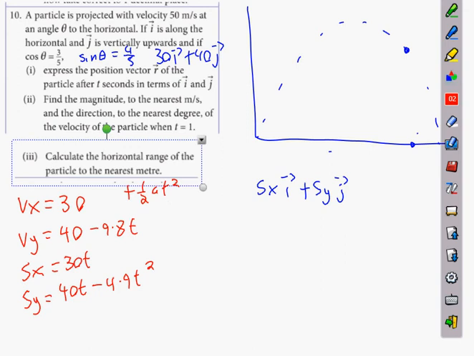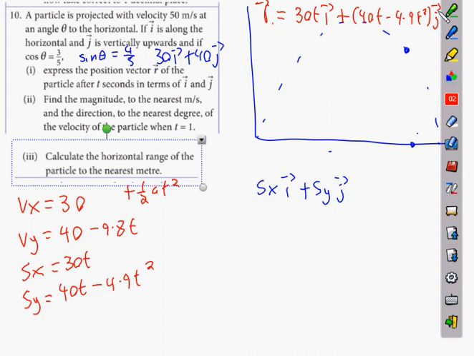So now my position vector and my answer to part 1 is this. R equals 30t times i plus 40t minus 4.9t squared times j. What does that mean with the t? The t means every second your position vector changes.